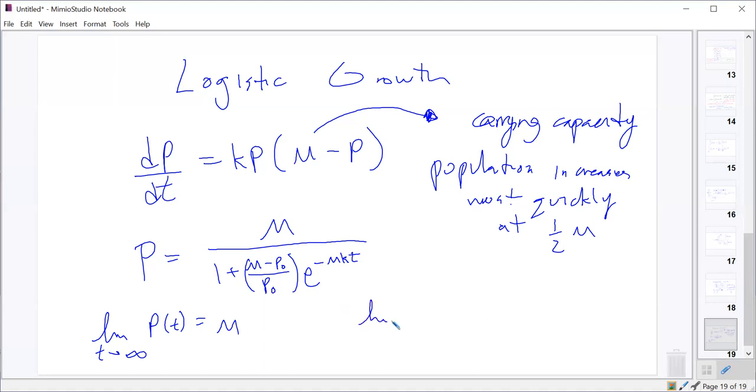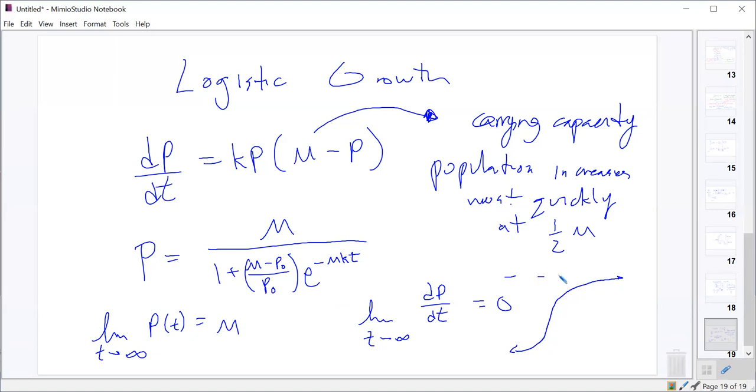And sometimes they will also ask what's the limit as t approaches infinity of the differential equation itself, dP/dt. And the answer to that should always be 0, because we should know that the logistic growth equation looks like this.